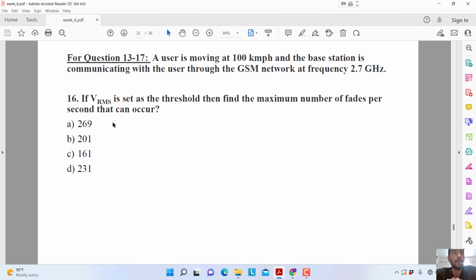From the options you can understand the number of fades decreases, because we have set the Vrms comparatively lower. So guys, try it. The data is the same. Again we have to find the number of fades per second.